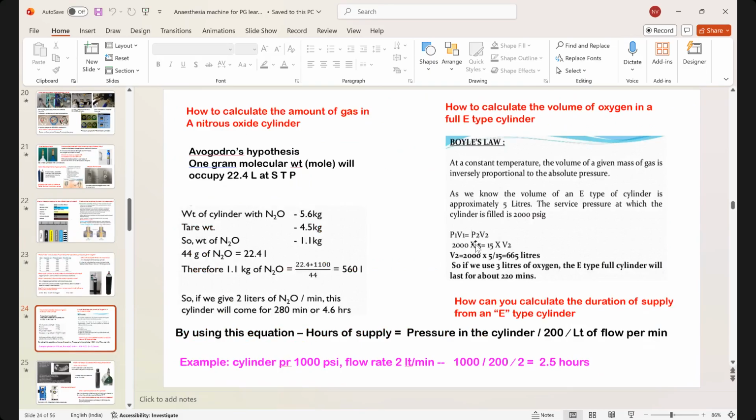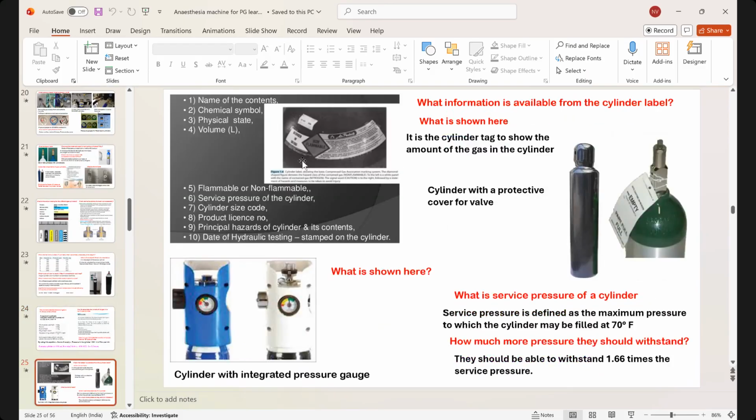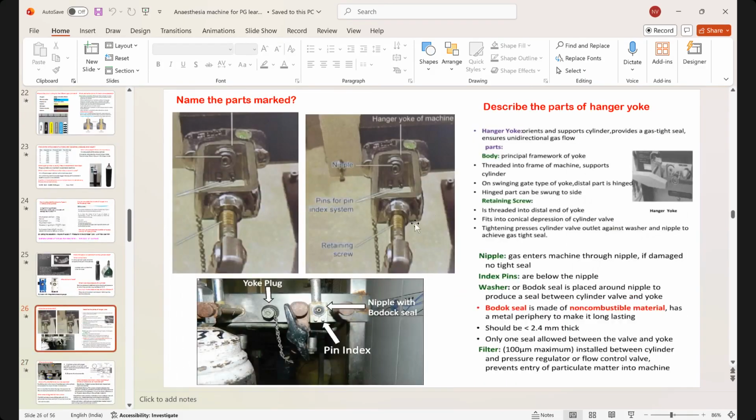And then we saw the application of Boyle's law, etc. And then the label which is there on all the cylinders, what all the information is that you get from that. And then we saw about the place where we mount the compressed gas cylinders, which is called the hanger yoke or hanger yoke assembly.